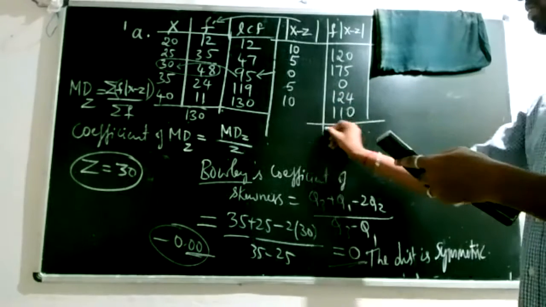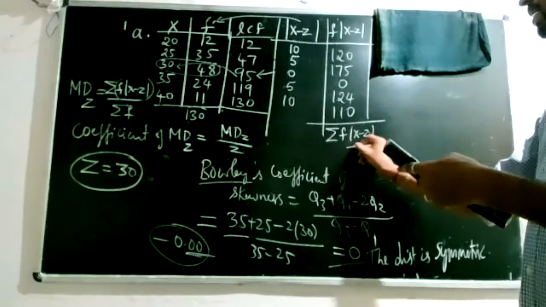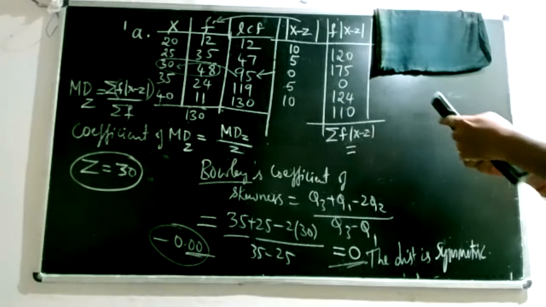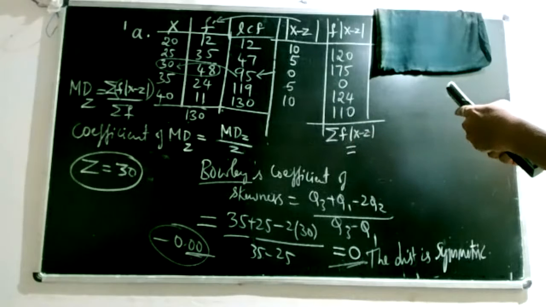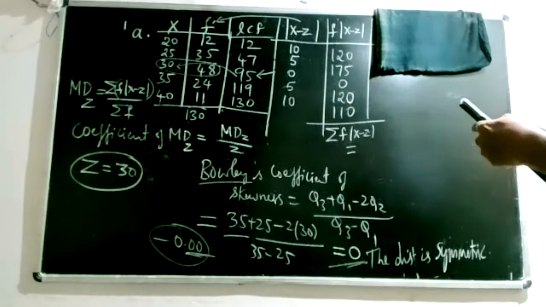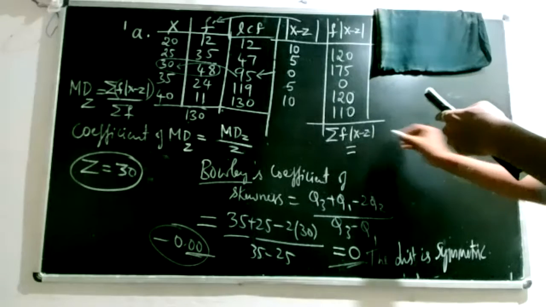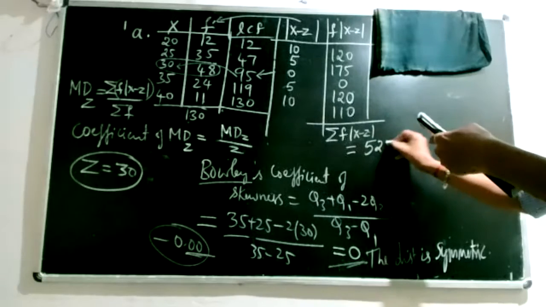So capture the total of sigma F into mod X minus Z. 120 plus 175 plus 120 plus 110 is equal to 525.